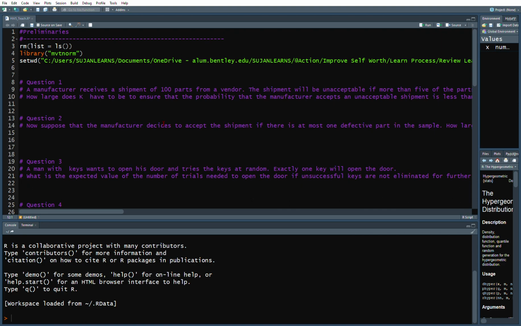This seems like a problem of hypergeometric distribution, meaning you're allowed to take a sample from the pool of population without any replacement.